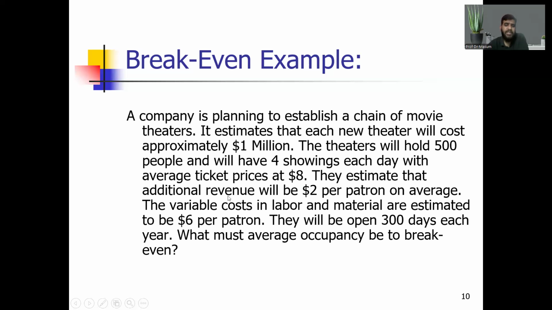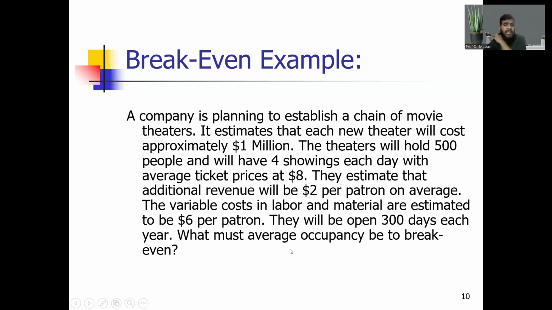They estimate that additional revenue will be $2 per patron on average. The total variable cost in labor and materials is estimated at $6 per patron. They will be open 300 days each year. What must the average occupancy be to break even?